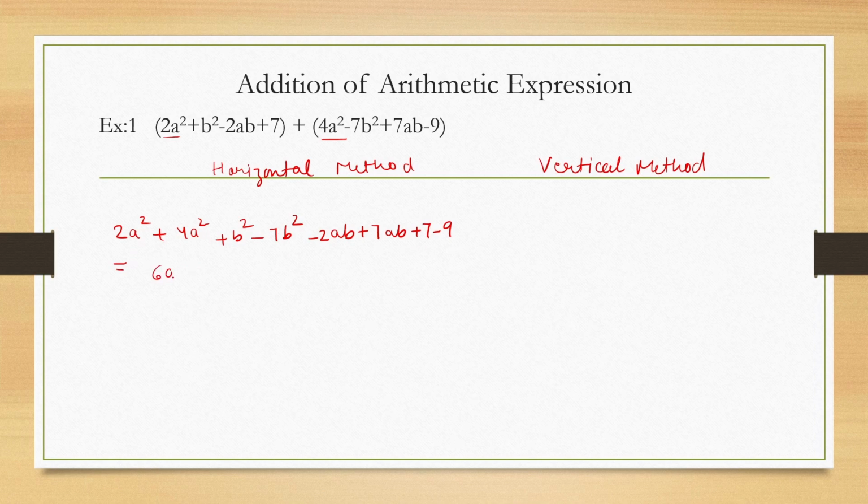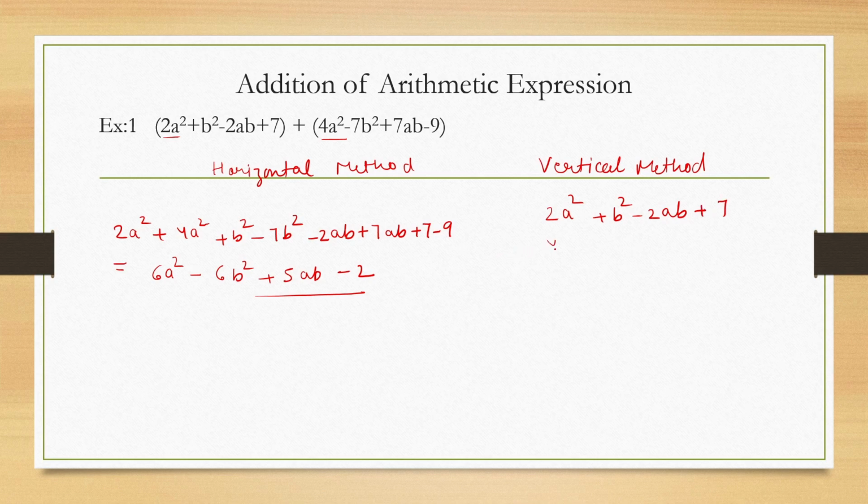Okay, so this will become 6a square, this will be minus 6b square, this will be plus 5ab, and this will be minus 2. So the answer will be this. The answer will be same for both the methods, but the way will be different.